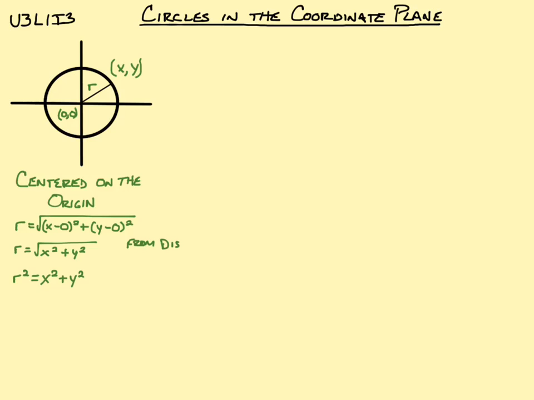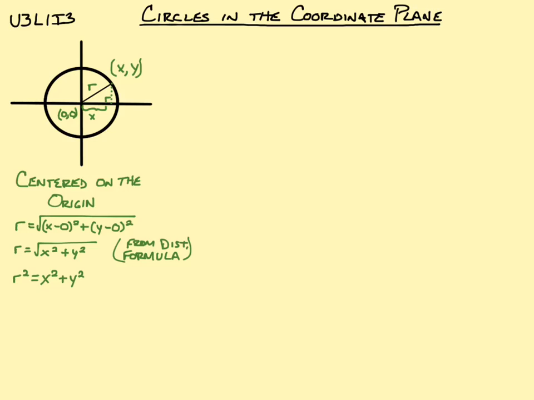As I mentioned, these two equations with the square root sign come from the distance formula that we've learned about in previous lessons. And if we look at this r squared bit, if we go up to our circle and drop a line down and make a right angle, we have a right triangle, and this distance here is x, because that's how far we've moved over on the x-axis to get to the point (x, y).